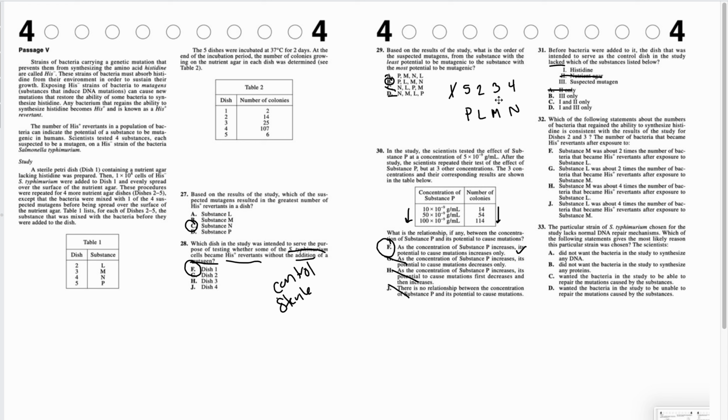If I continue to read, it says it was lacking histidine, so we want I, or 1. The only one that has the 1 in it that still remains is D, 1 and 3 only. I'm not even looking for the 3. I just know that it has to have these: it's lacking the histidine, and it does not lack the nutrient agar.